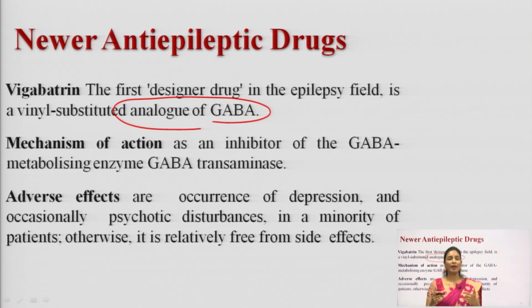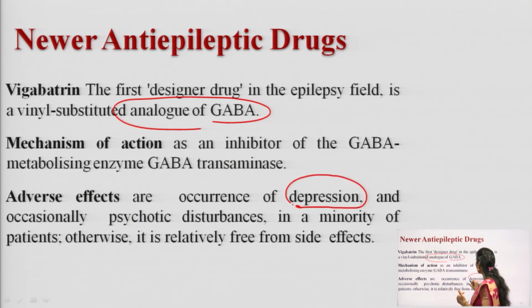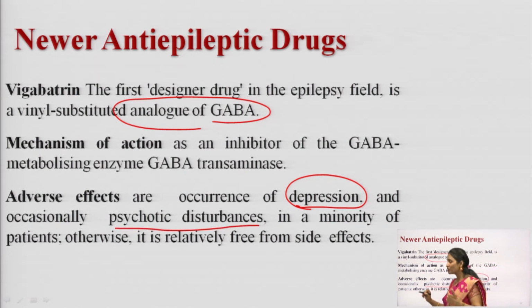And what are the major adverse drug reactions here? It causes depression, which is one of the major adverse reactions, and psychotic disturbances, but in most patients the side effects are very slight, and it is relatively free from side effects.